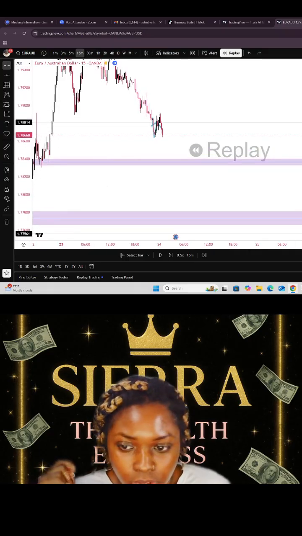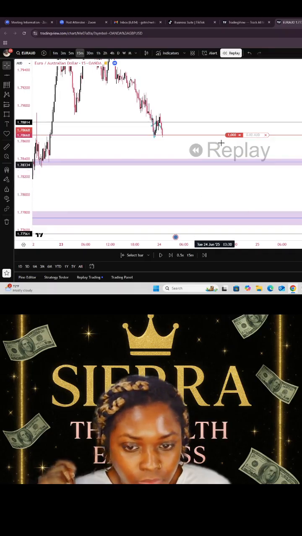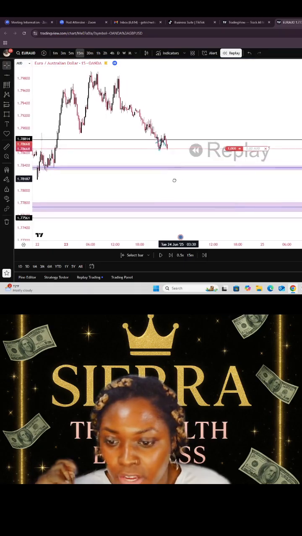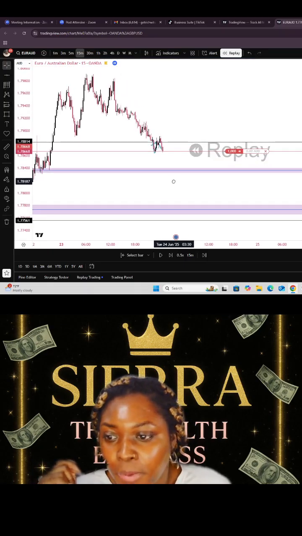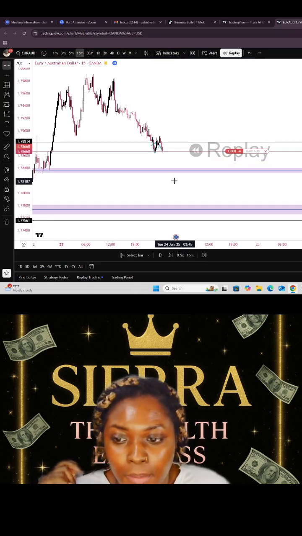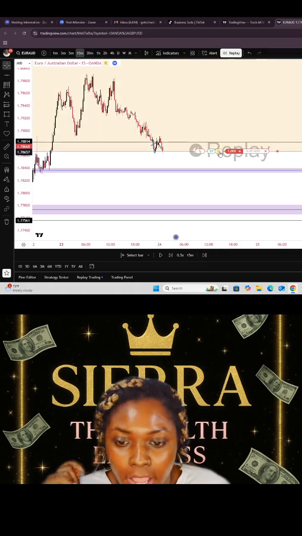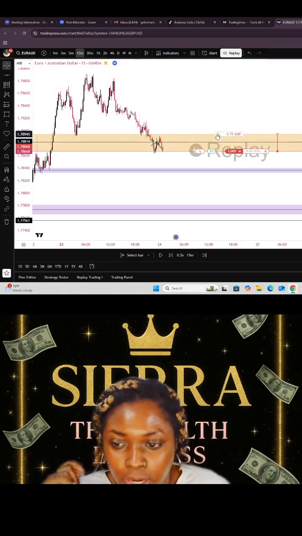I think I can do a sell. All right, so I've entered the sell, and I'm going to place my stop loss above my last structure point, which would be here with my retest, or I can pull it up a little bit higher if I feel like I need a little more room for price to trade.